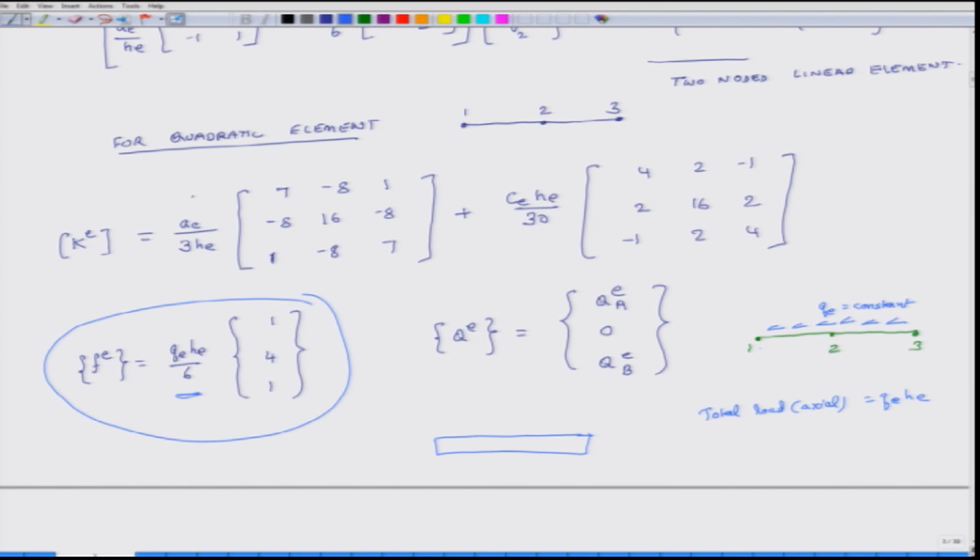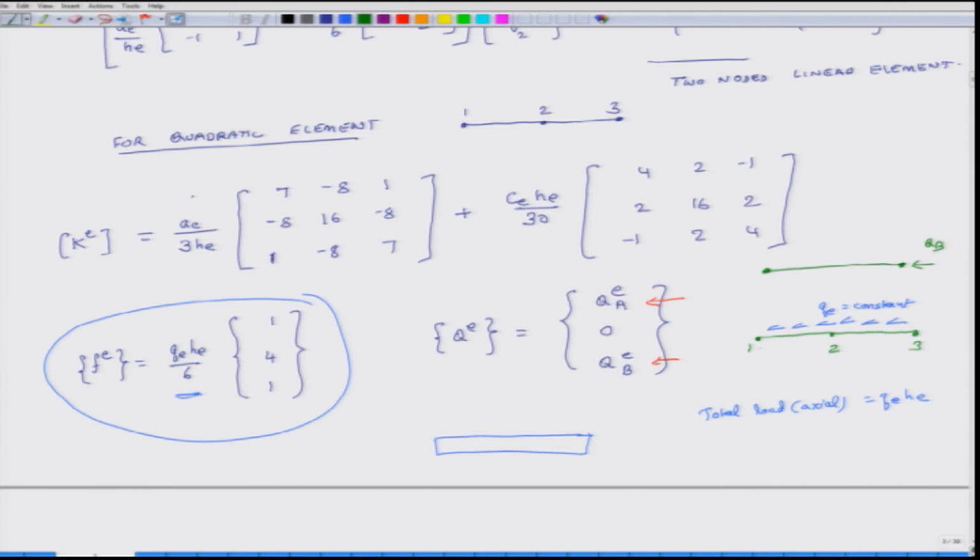And the third point is that now we will again look at this Q vector. When I am looking at an element in isolation, basically I have cut this element, and the point load here will be QB, which will be A times du over dx.